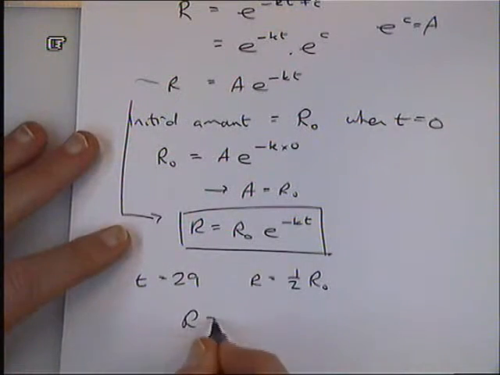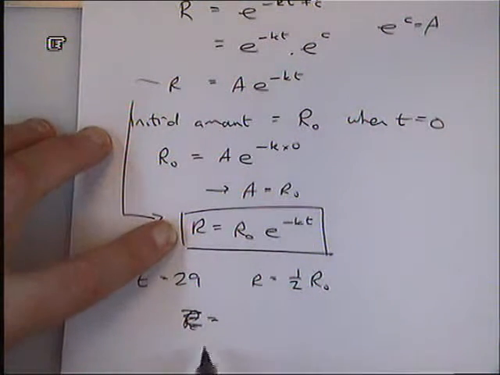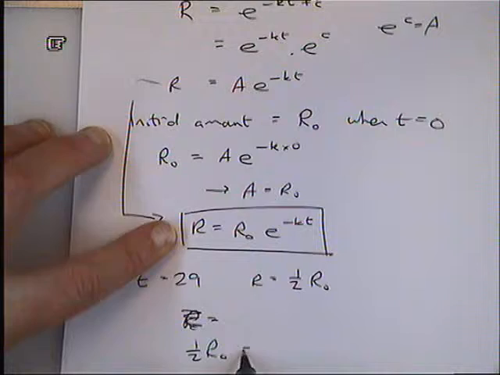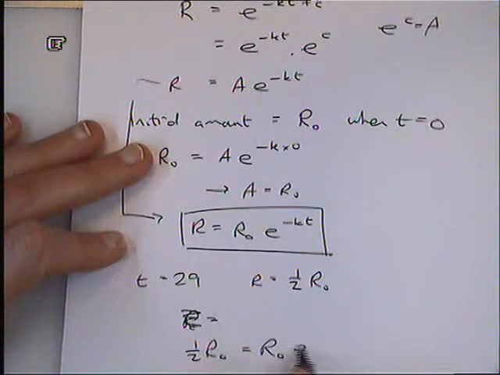Substitute that in, I get R is half R0, equals R0 e to the minus k times 29.